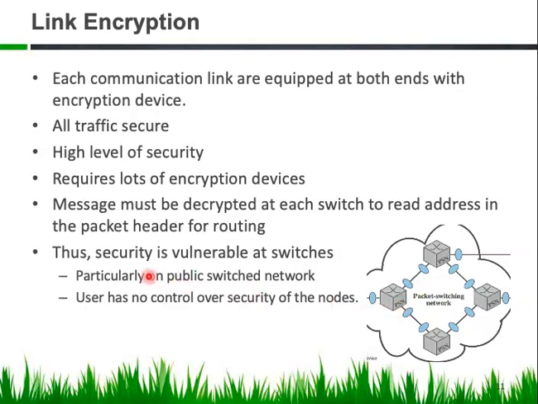Thus the security is vulnerable at switches. At the routers the security is not that strong because the message has to be decrypted. This is particularly true on public switched networks, in which the user has no control over the security of the nodes, because it belongs to the security of the routers.